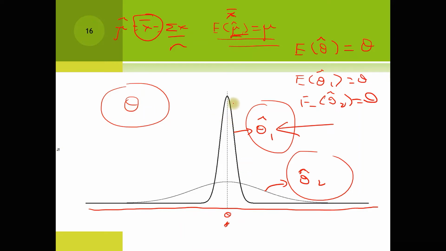All right, so what I'm trying to show you is that in this particular case, you would prefer to use theta cap 1 instead of theta cap 2 because theta cap 1 is the most efficient estimator in this example.